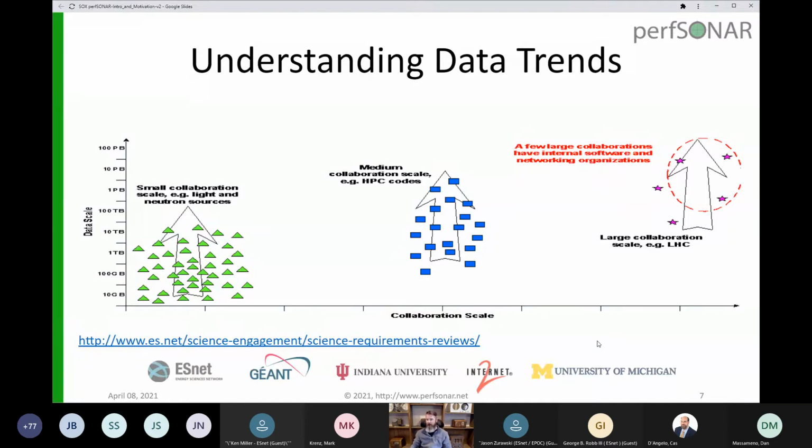The example on the far right, LHC, is a very, very large scale collaboration that involves scientists on every continent from many, many countries and huge, huge petabyte data sets. But there's only a few collaborations out there like that.